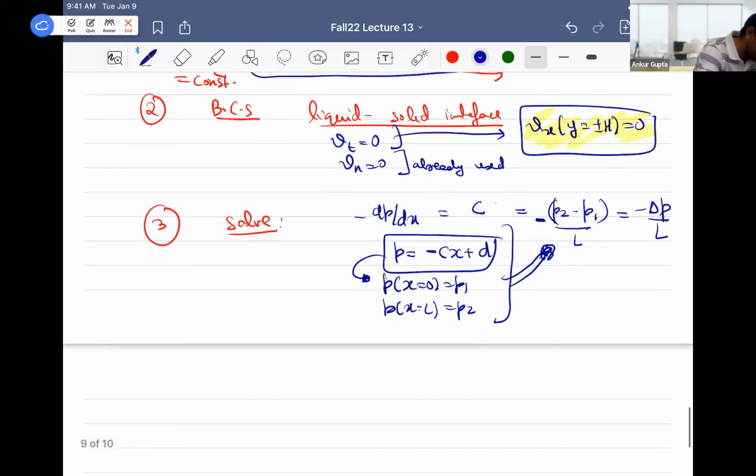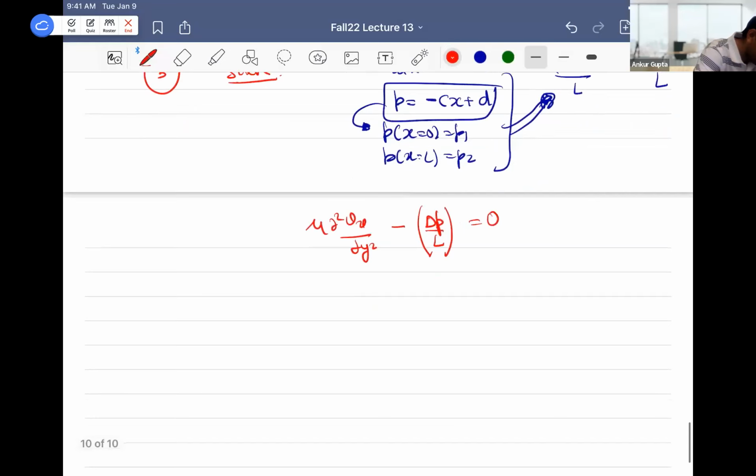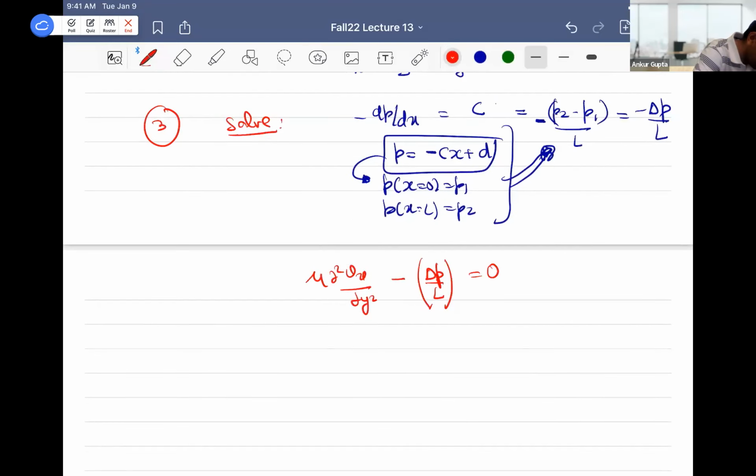Okay, so what we are saying is mu del square Vx by del y square minus delta P by L is equal to 0. And this value is constant, right? P2 minus P1 by L. When you integrate this twice, and unfortunately I don't have time to show this, so I just want to show you the result.